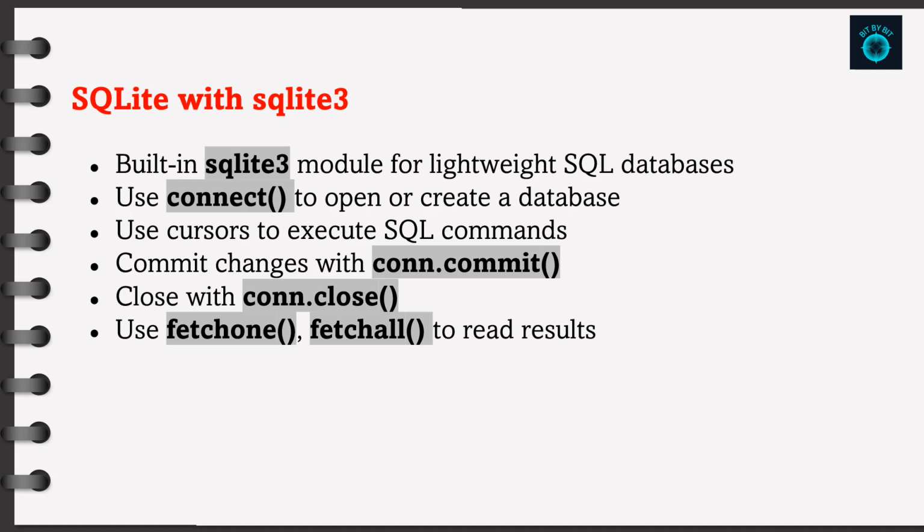When you're done, call con.close to safely close the connection. To read data from the database, use fetchone to get a single row, or fetchall to get all matching rows. Let's walk through a simple example that creates a table, inserts some data, and reads it back.